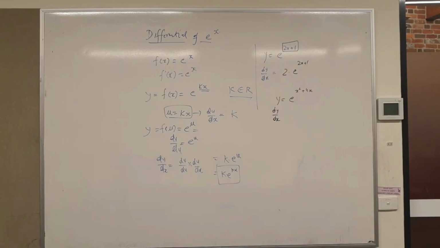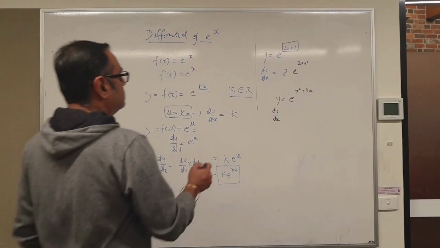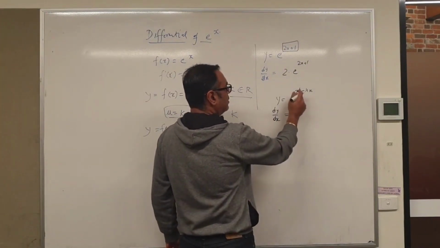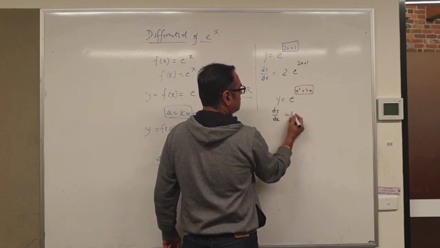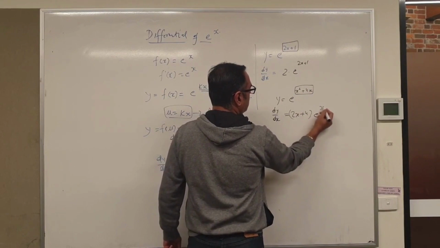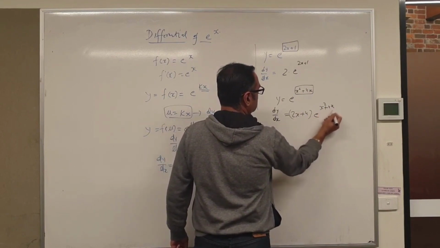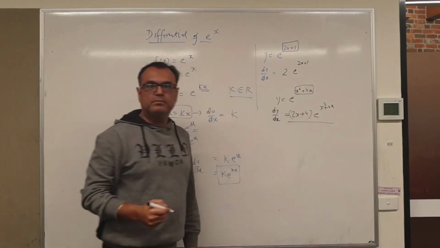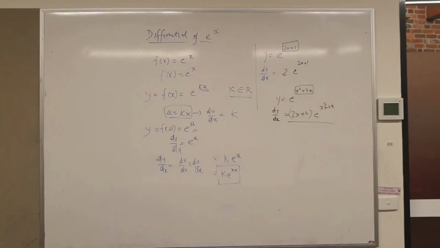Yes, who's got the answer? The differential of this is 2x plus 4, and you copy the same stuff back. That's the answer. Yes? All good?